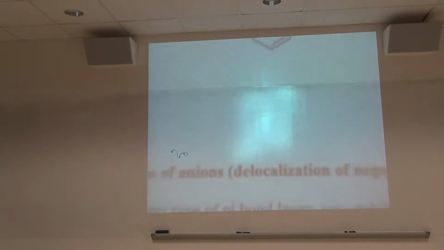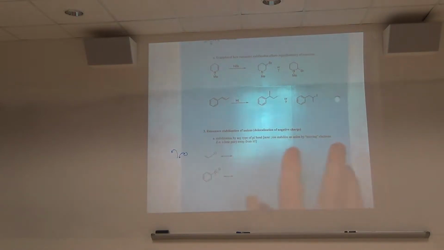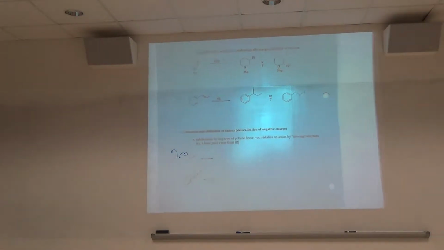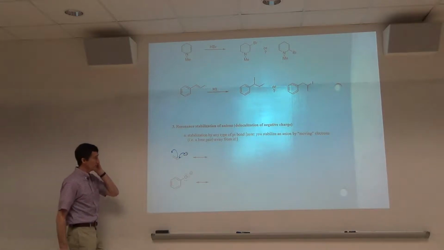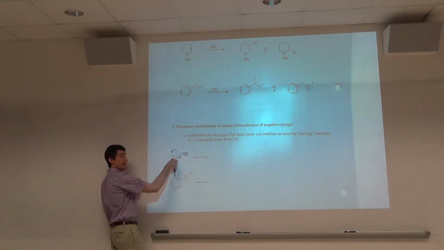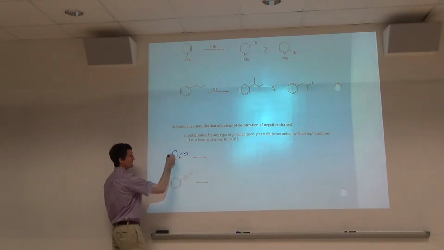Mixed up my in and out there. Okay, what do those arrows give? This means we're moving pi bond in, and here we're moving the 2 electrons in the pi bond out onto that carbon. Okay, out onto that carbon.